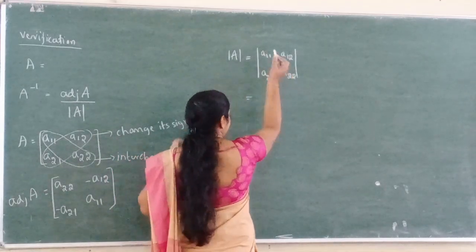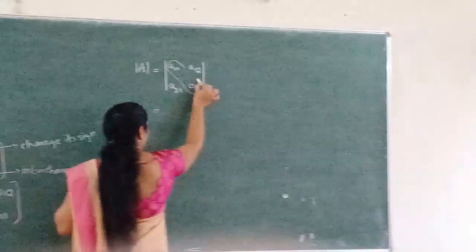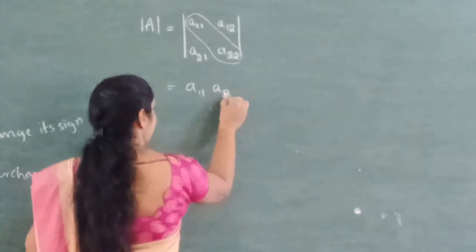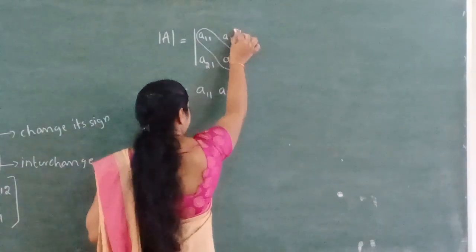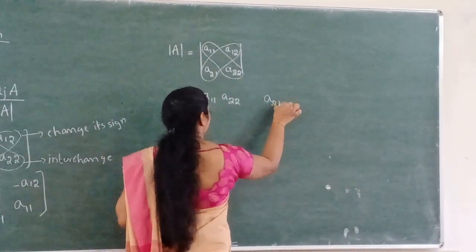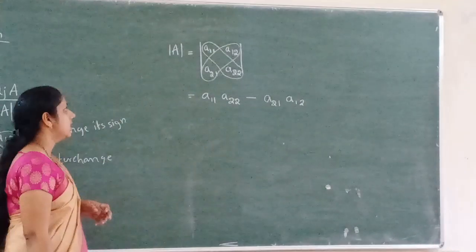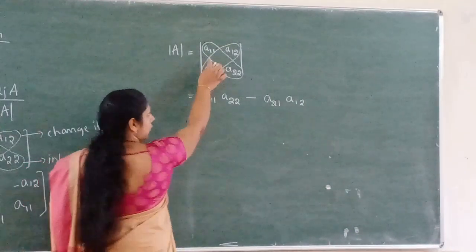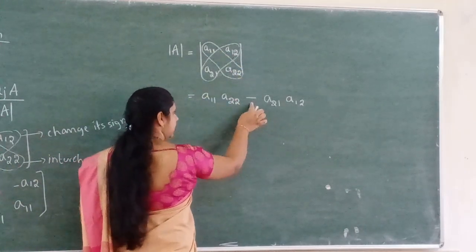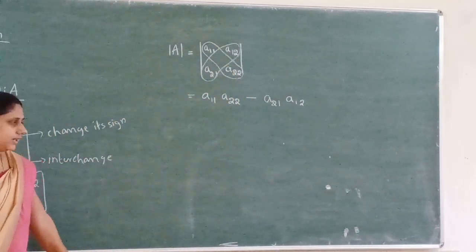So determinant A is obtained by finding the product of diagonal elements, A11 into A22. Again find the product of non-diagonal elements, that is A21 into A12. Then take the difference. So this value is determinant A. So you have to multiply the elements of the diagonal minus the product of the non-diagonal elements. So this one is called determinant A.